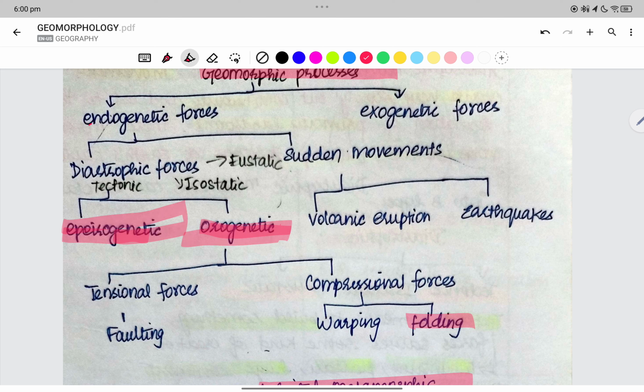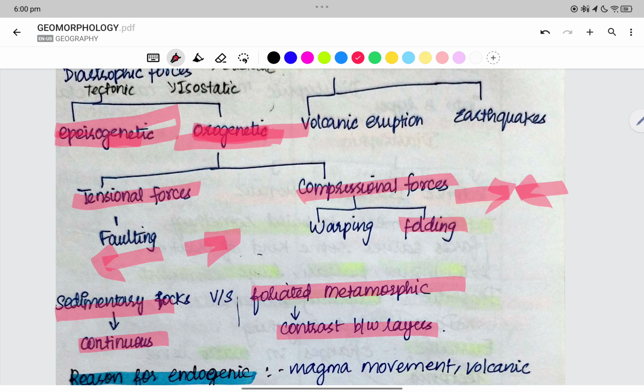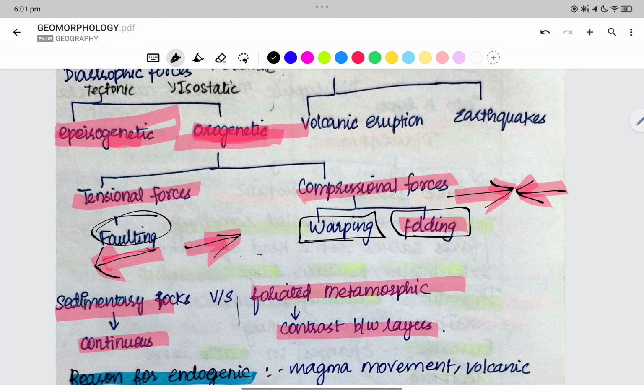Orogenetic is further classified into tensional forces and compressional forces. Tensional forces result in faulting, and compressional forces result in warping and folding.